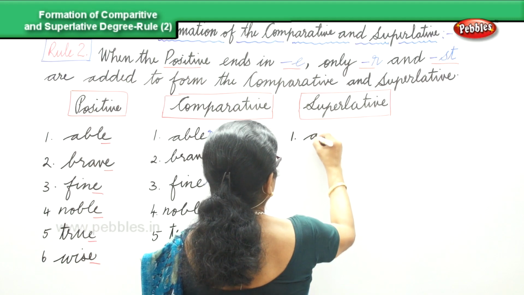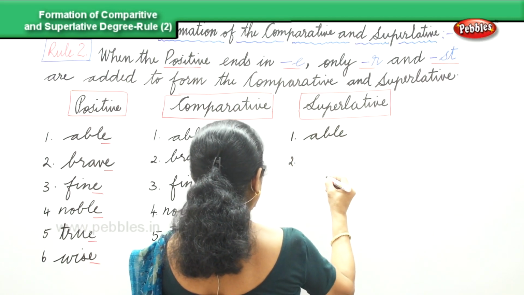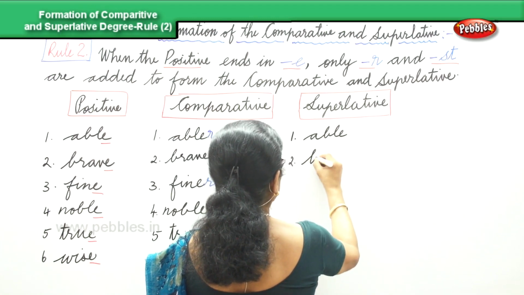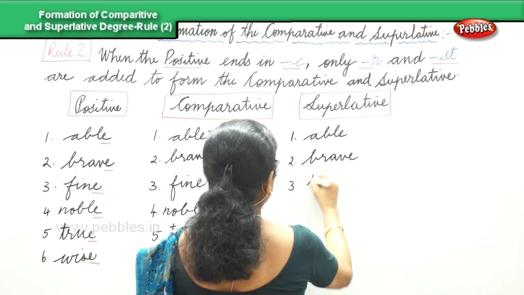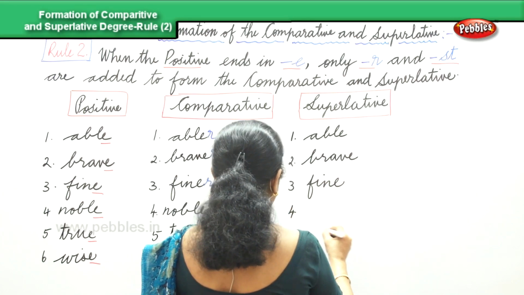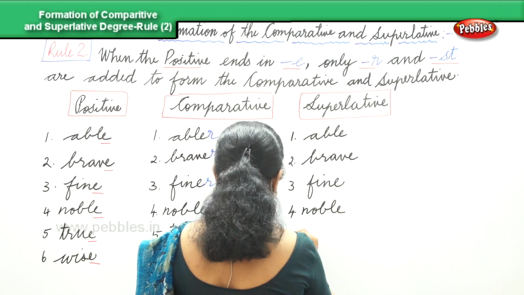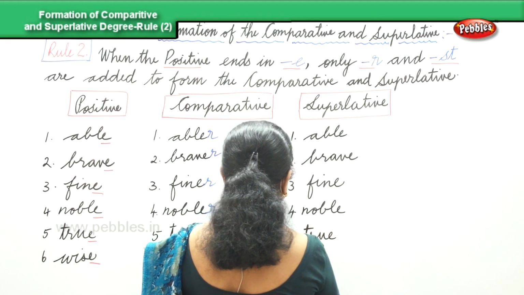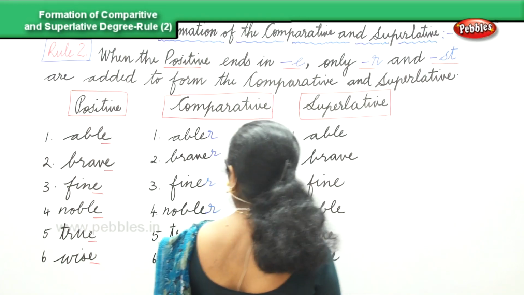Okay, now let's look at the formation of the superlative. Able, brave, fine, noble, true, and finally wise. How do we form the superlative?